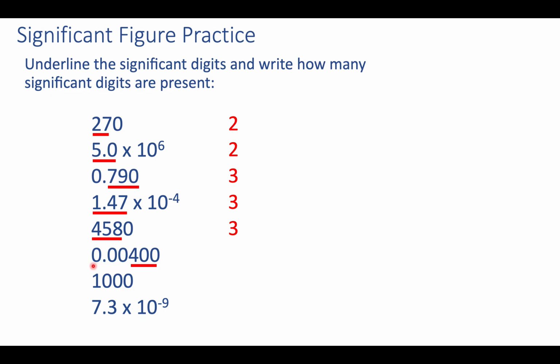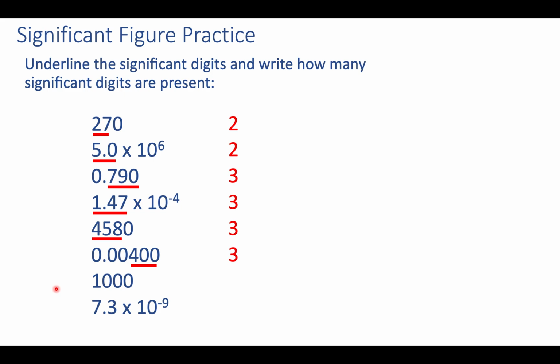Well, this one is before the decimal point and before all of the non-zero numbers. It's not significant. Even though these digits are after the decimal point, they come before the first non-zero number. So because they are a leading zero, these ones are also insignificant, which means that this number has 3 significant digits.